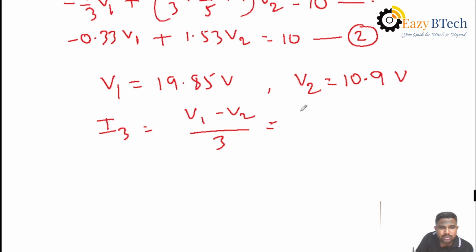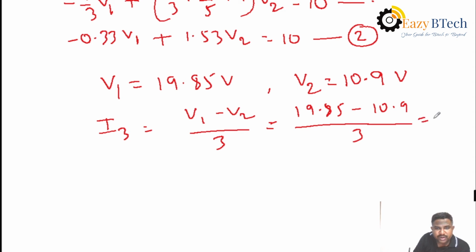That is I equal to V by R. Then you have to find 19.85 minus 10.9 by 3. Approximately you will get 3.1 amperes here. Okay, in this way you can find the current passing through an element also, by applying nodal analysis.